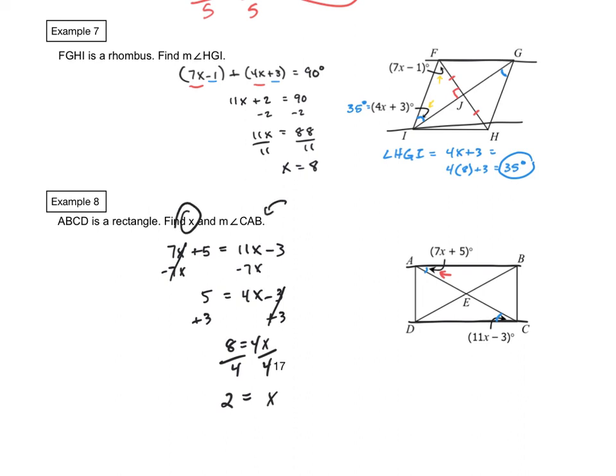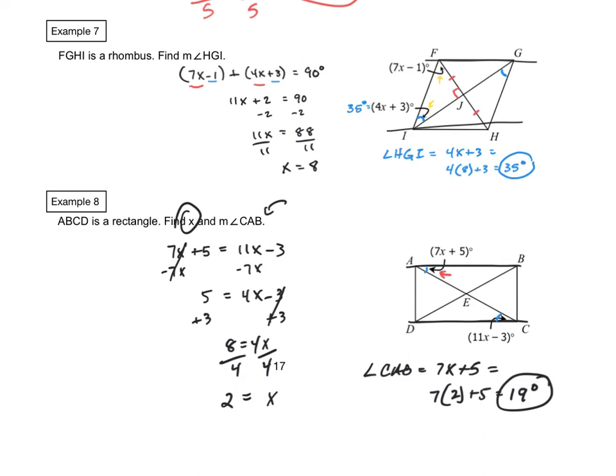But the measurement of angle CAB, well, angle CAB is equal to 7x plus 5, which is going to be equal to 7 times 2 plus 5, which is 14 plus 5, or 19 degrees. So there you go. CAB is equal to 19 degrees.